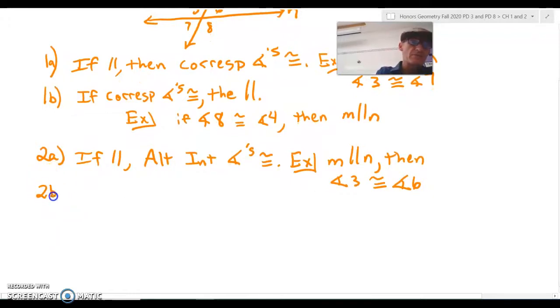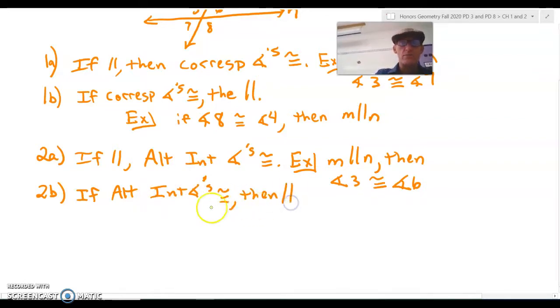2B, if alternate interior angles congruent, then parallel.